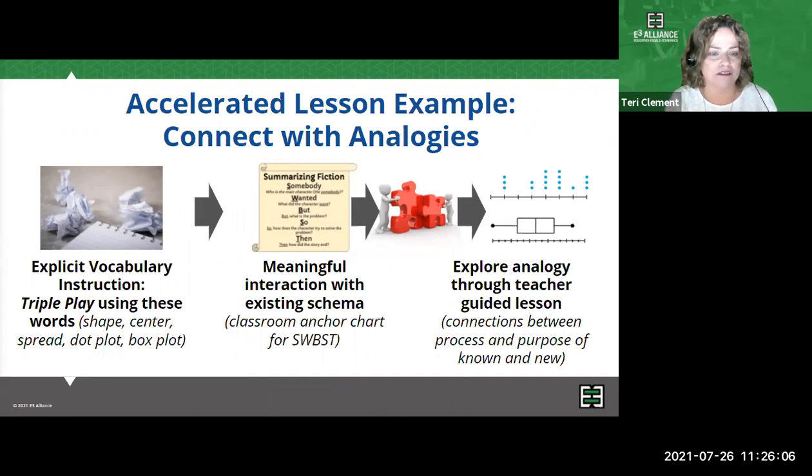And then anchoring it to this activated understanding of a summarizing strategy that they've been using in a learning environment they're very familiar with, and then using those ideas to connect it to a deeper understanding of what you can do with box plots and dot plots. So that would be the sequence of learning that we would want students to have, accelerated and ahead of the unit of instruction.